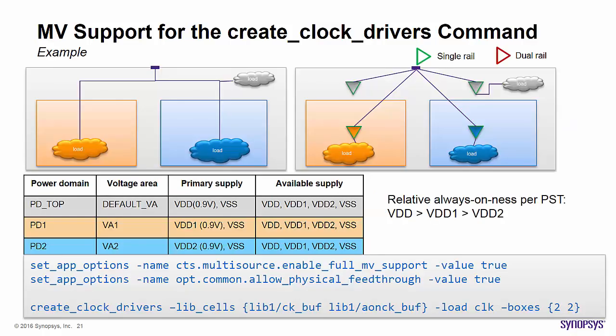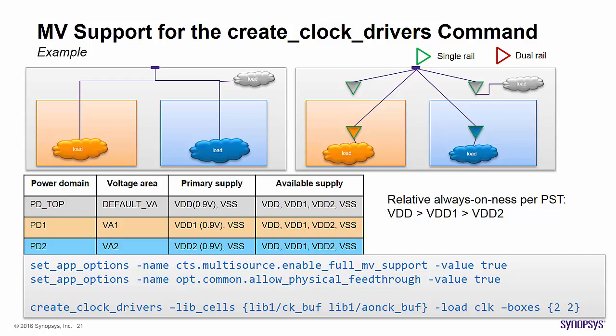Consider a simple example with 3 power domains and VAs. With the option -boxes 2x2, we divide the boundary or the core area in this case into 2 columns and 2 rows, resulting in a total of 4 boxes.